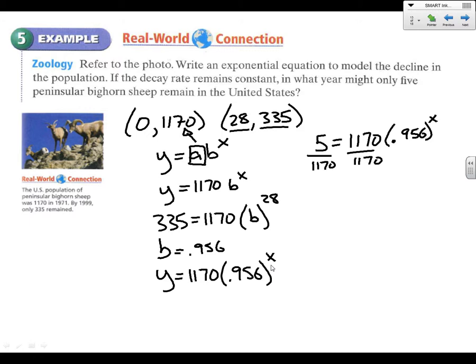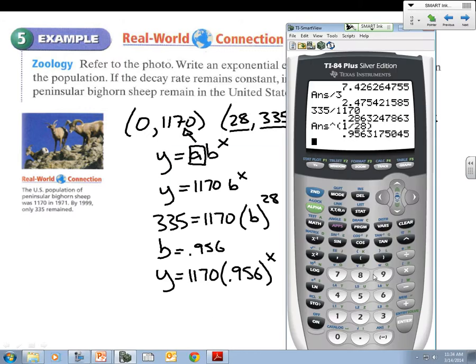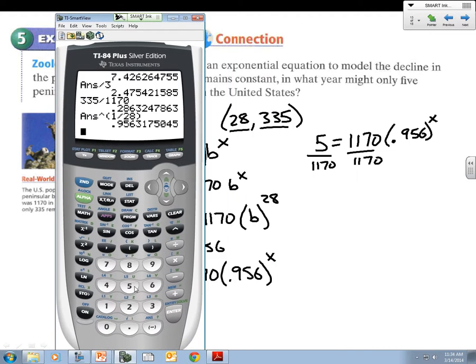And I'll need the calculator for this one. So 5 divided by 1170 is that. So 0.004 equals 0.956 to the x. Now how are we going to get rid of the 0.956?